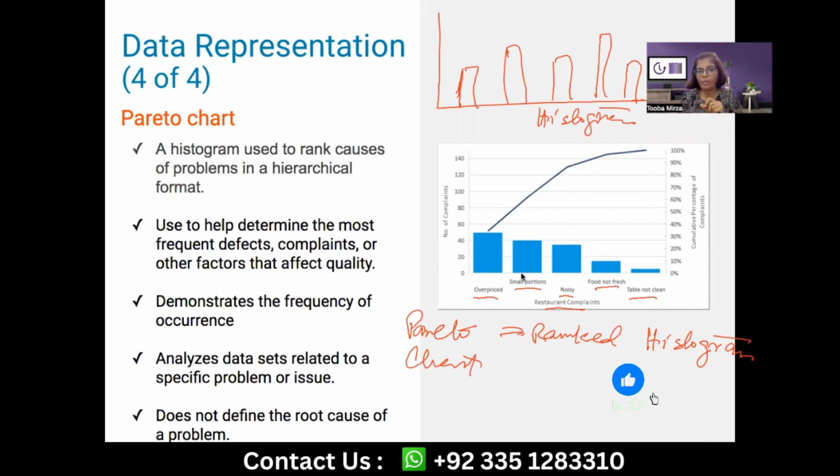Usually we fill in this kind of feedback as a survey mechanism, so that the restaurant management gets to know whether their customers are happy with their services and food or not. Maybe this is data collected from the customers in a week's time, and with that we get to know that most customers say it's overpriced.